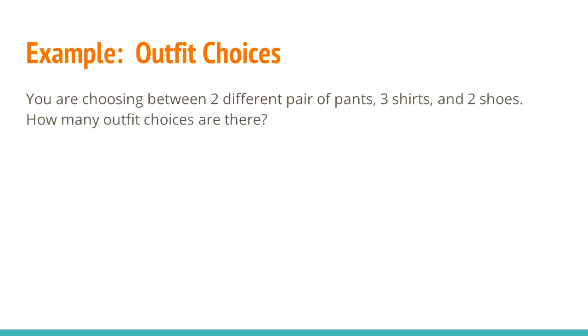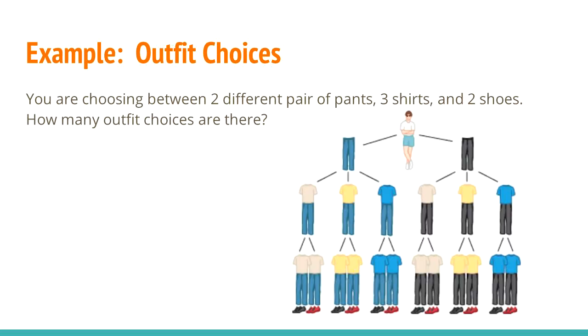Here's another example of counting up possible outcomes. Let's say that you're putting together an outfit and you're choosing between 2 different pair of pants, 3 shirts, and 2 shoes. Now again, we could start to list all of these possible outcomes, or we could create a tree diagram. In this tree diagram, the person chooses, so we're branching off with the pants first. So we've got the blue pants or the black pants.